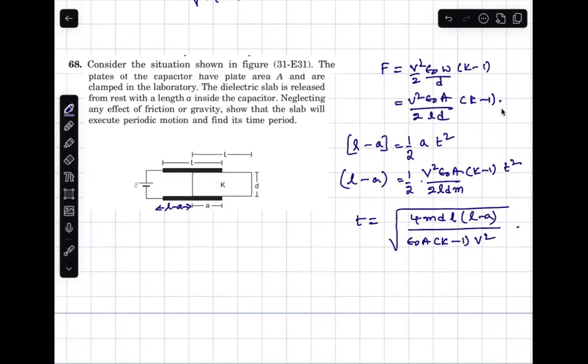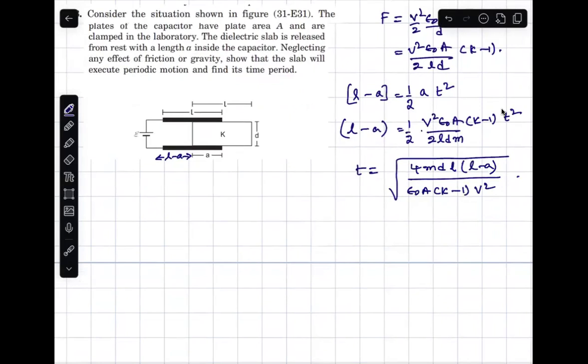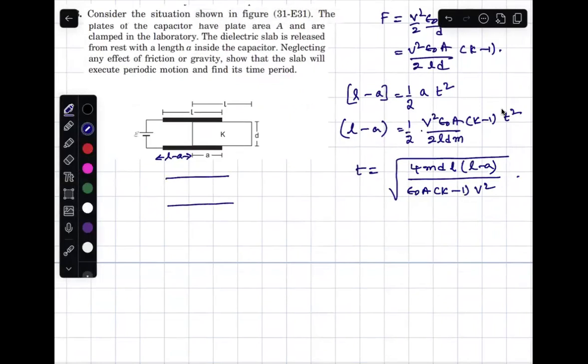Okay, then what happens? Now you need to see this is stage 1. Thereafter, the slab will completely occupy the space and it will have maximum velocity at this stage. Next, the same force which was accelerating earlier will now decelerate it. This interval is t equal to 0 to t equal to t1.